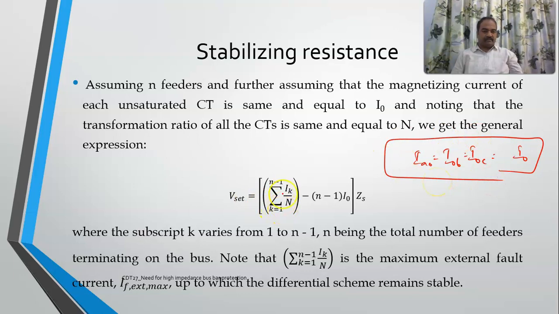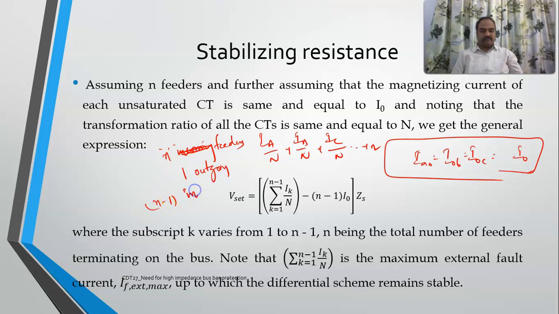And the incoming currents are given by IA by N, IB by N, IC by N. So I'll take up to N feeders, and all the magnetizing currents as I naught. So what is my expression? I'll assume that total N feeders are there, out of which only one is an outgoing feeder, and N minus 1 are incoming feeders.